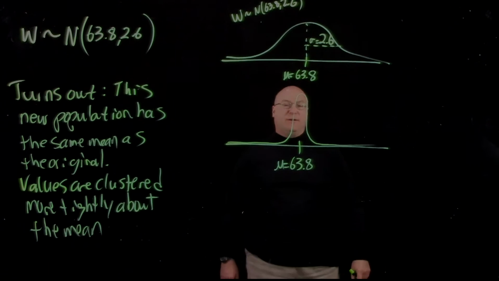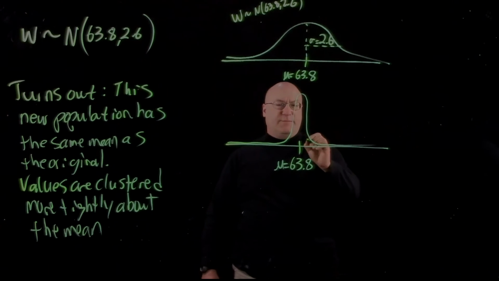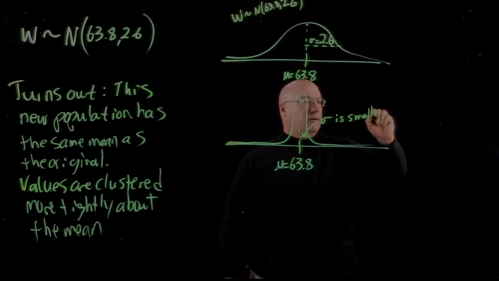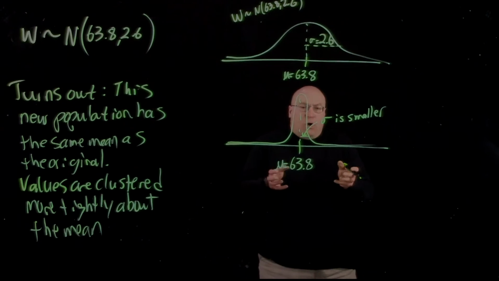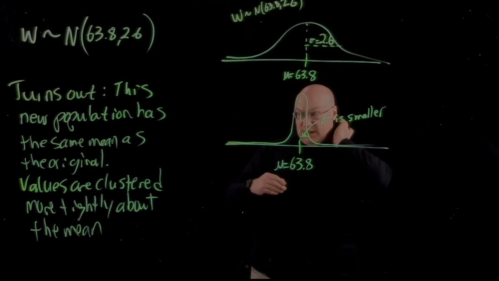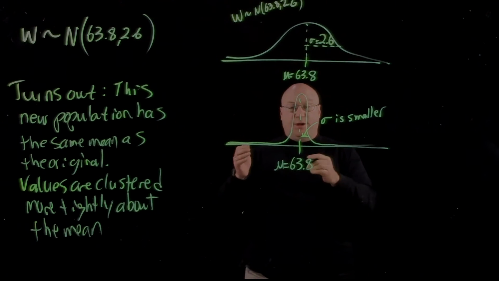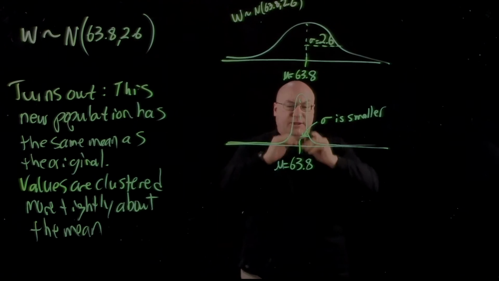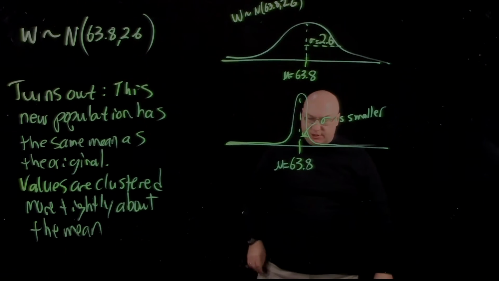So we still have a bell curve, but sigma should be smaller, right? More of the values that I get when I'm culling values from the population of means are going to be in closer here, right? So the greater weight of the probability should be closer to the mean.